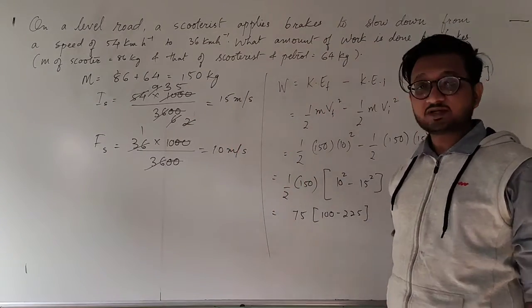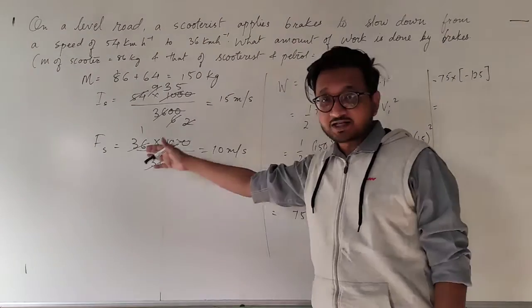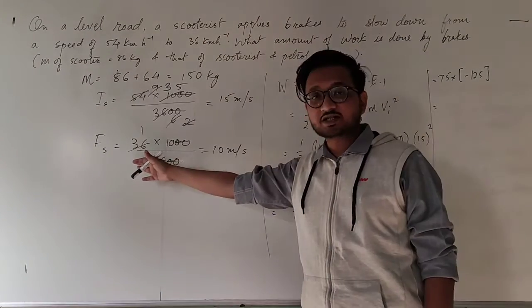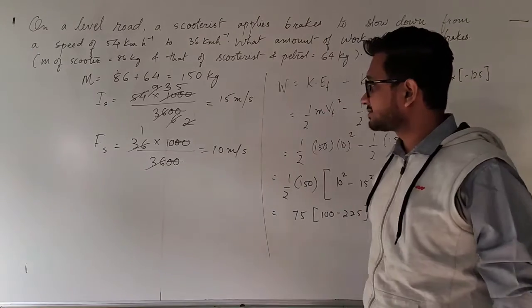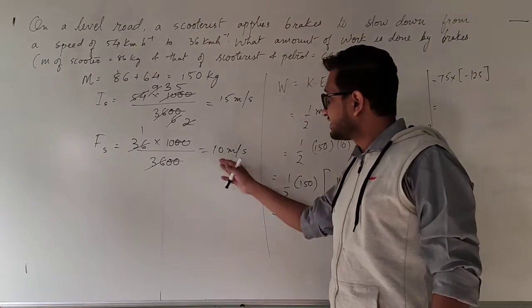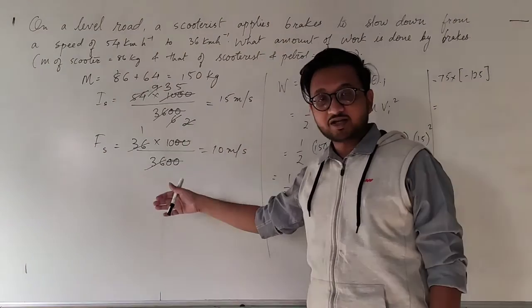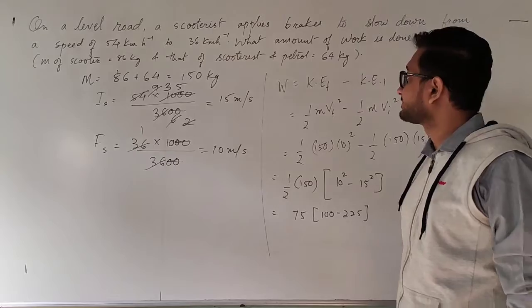It gave me 15 meters per second. After that, the final speed is reduced. So it becomes 36 kilometers per hour. And 36 kilometers per hour is converted into meters per second once again, which gives me 10 meters per second. Same process, multiplying by 1000 and dividing it by 3600.